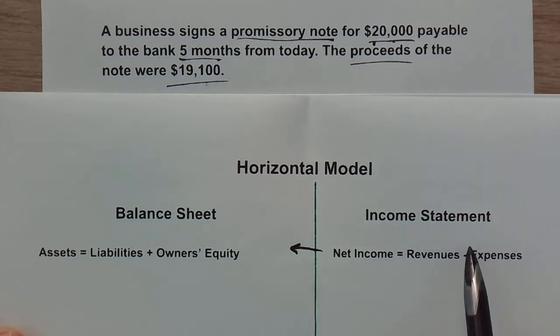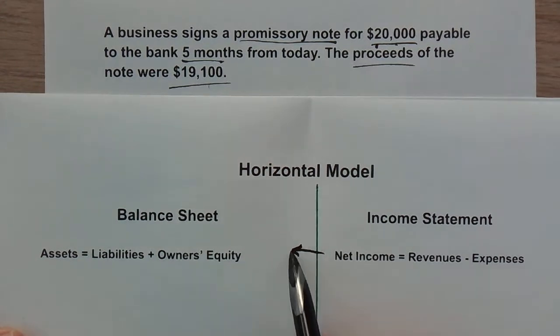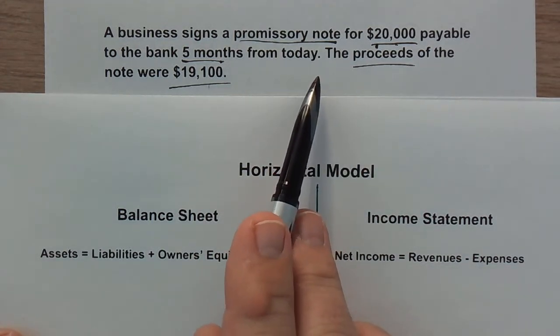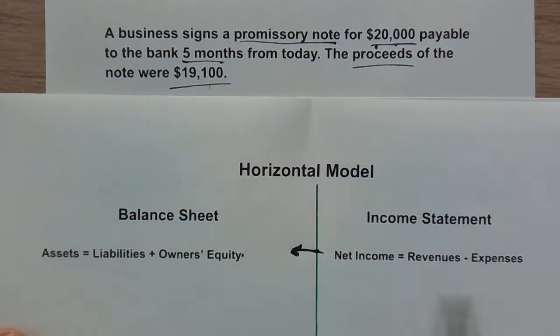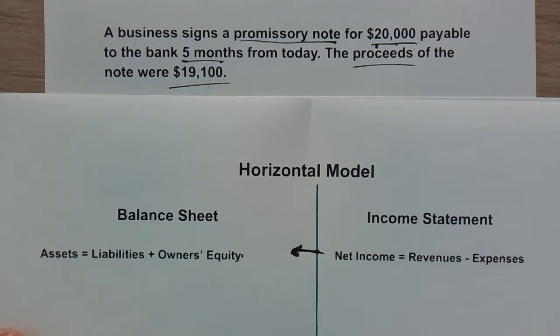And over on this side, we've got the income statement, which is net income is equal to revenue minus expenses. And we usually draw a little arrow over here because the net income is going to impact the owner's equity, usually in the retained earnings. So there is a relationship between the two, and we're putting them all together. So let's see how the signing of this note would impact the horizontal model for this company.